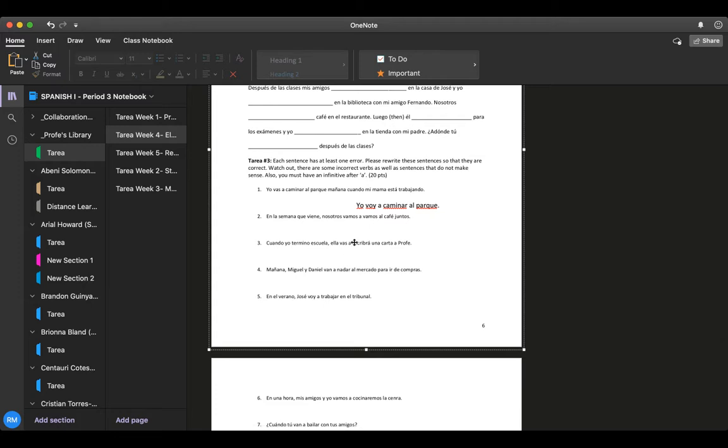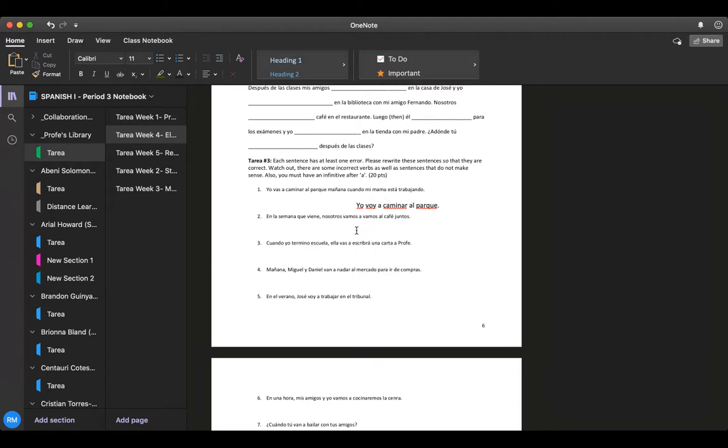Okay, let's look at this one. Let's change the ending to this sentence. En la semana que viene, next week, nosotros vamos al café juntos. Okay, so after the letter a, we can't have a conjugated verb. Vamos is an already conjugated verb. So in order to make a change on that, we need to make a text box here.